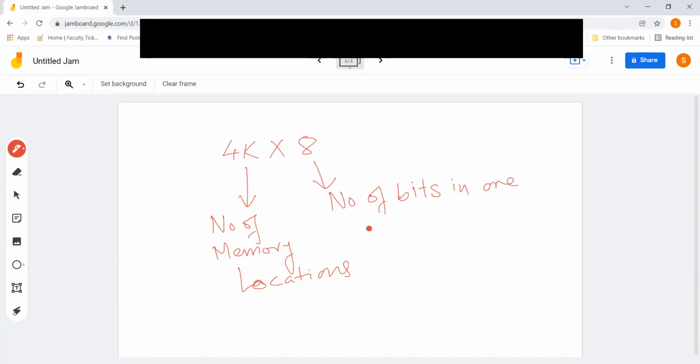So the number of memory locations is decided by the first quantity, and the second quantity decides how many bits are there in that particular location.